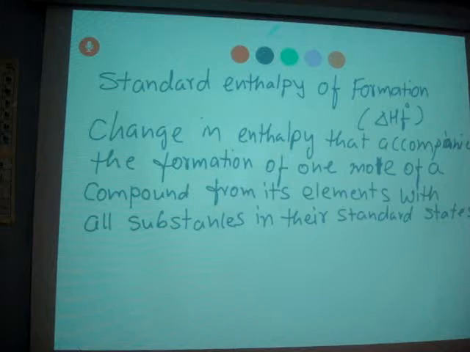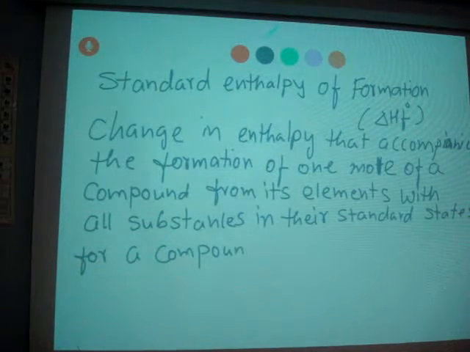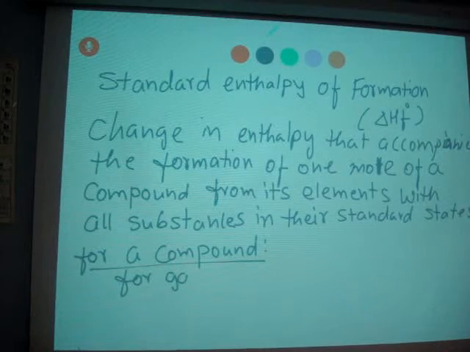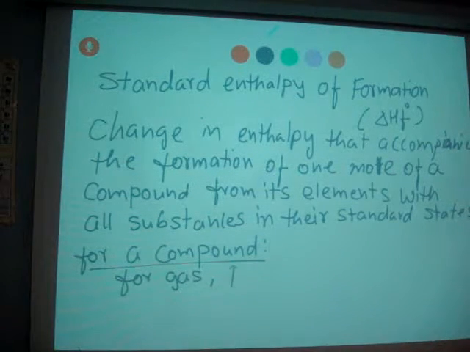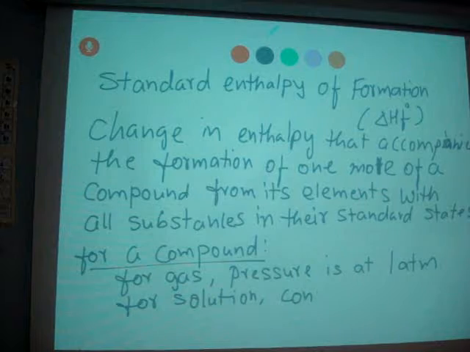Now for a compound, and for a gas, pressure is exactly 1 atmosphere because it's standard state. 1 atmosphere. For a solution, concentration is 1 molar.